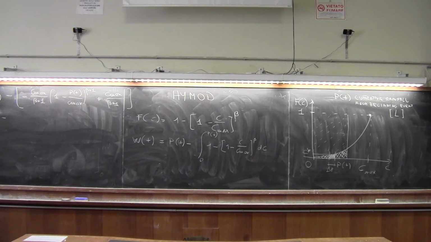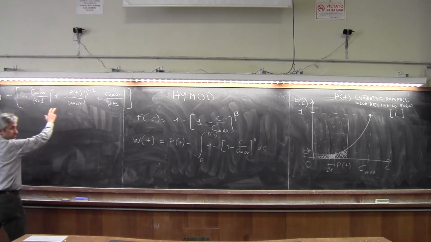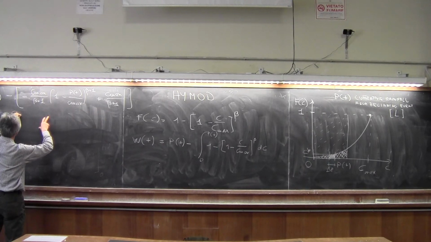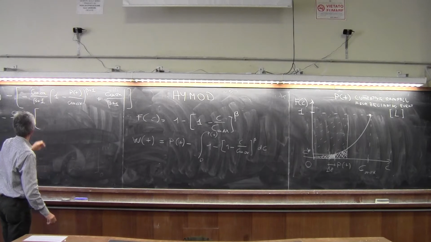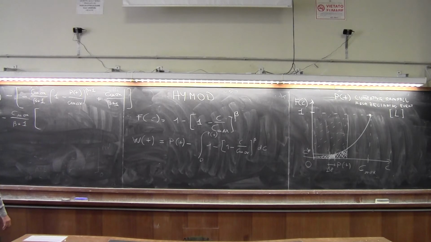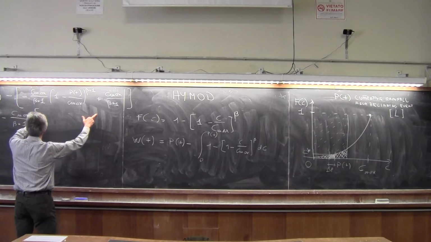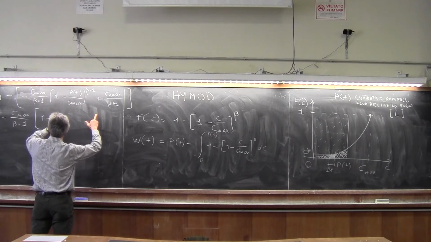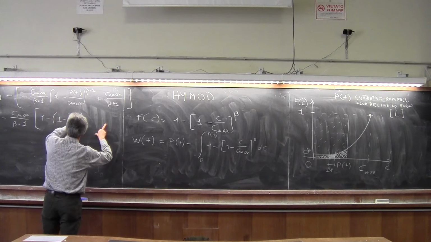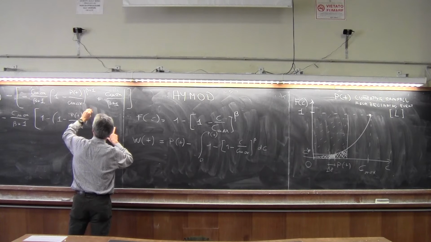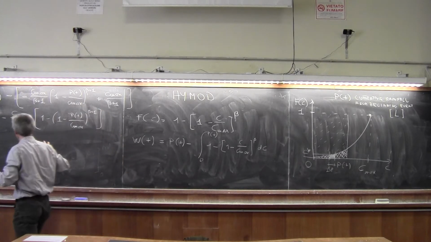Okay, so in this case, there is a common factor, Cmax divided by beta plus 1, so let me put it here, Cmax divided by beta plus 1, and then inside the parentheses, I have basically 1 minus PT divided by Cmax to the power of beta plus 1. And now I can say that the signs are correct.